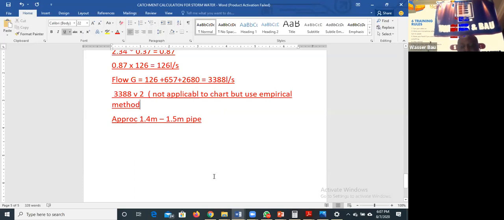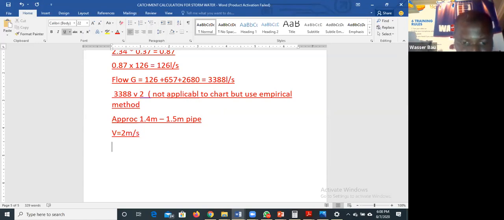Are we together? You know how I got this? If I assume my velocity is 2, that's what we normally assume. This is assumption. Assuming, I'm just assuming.